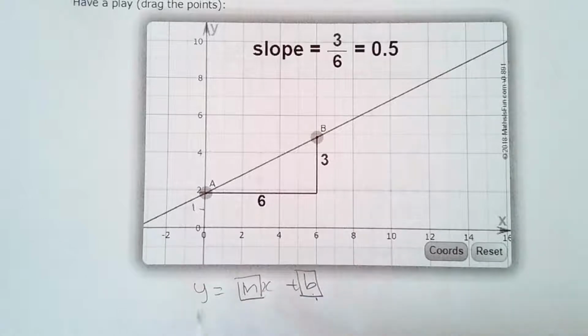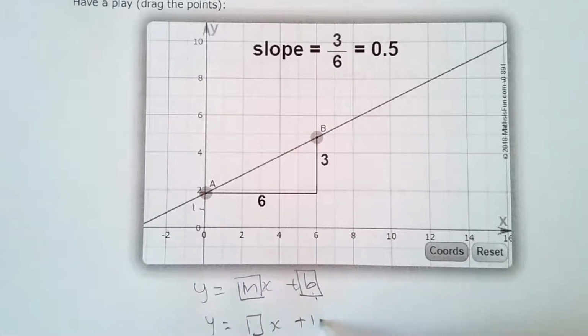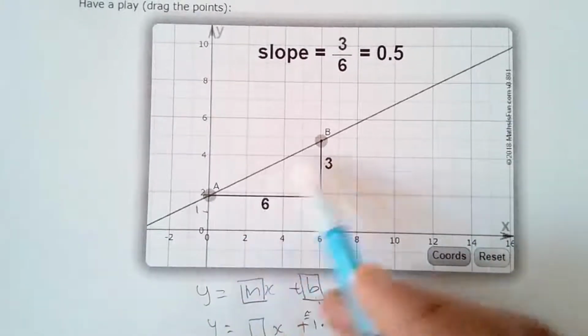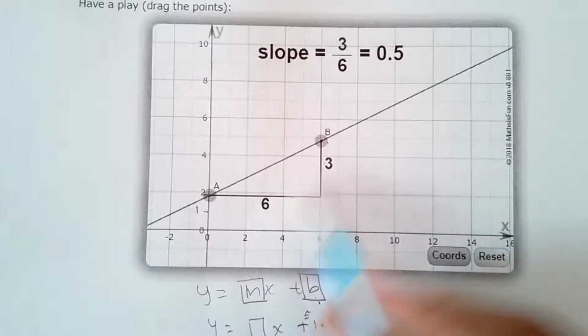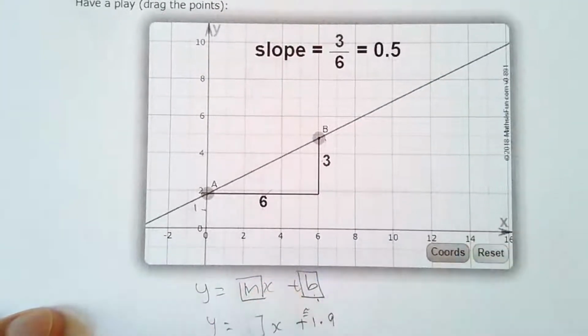My y-intercept, y is equal to, I'll put a box here for my slope. It's around 1.9, I think. Yeah, 1.8 or 1.9 approximately. The slope now, we look at here, is 3 over 6, which is 0.5. So we can say the slope is 0.5. So y is equal to 0.5x plus 1.9.